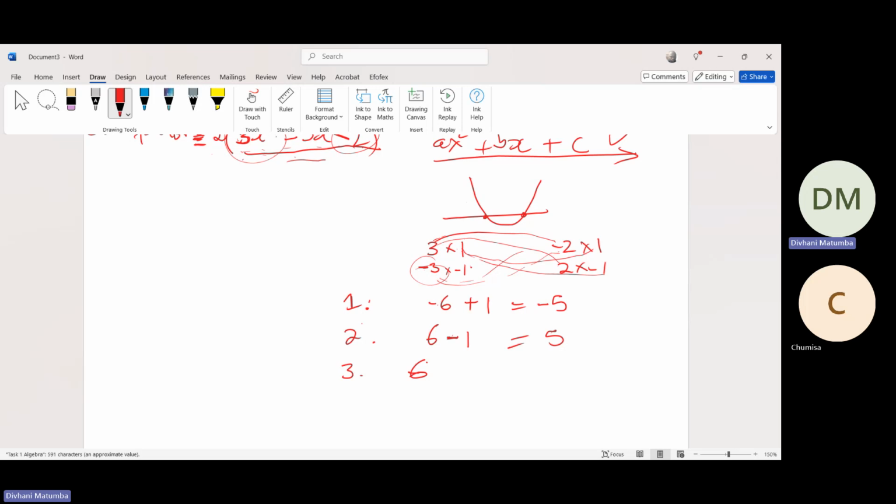The first combination will be this one and this one, and the second one will be again this one and this one. That will be my third combination. So it will be -3 times -2, which will be a 6. Then it's going to be a minus, because it's -1 times +1, which will give me -1. This will give me again a 5.